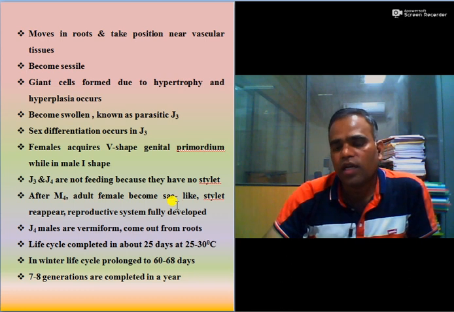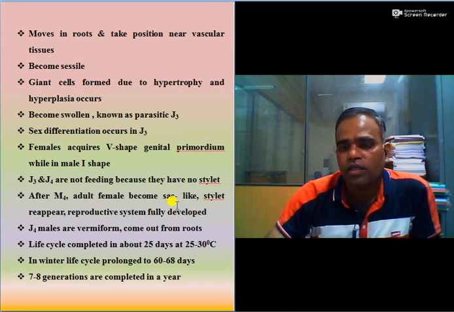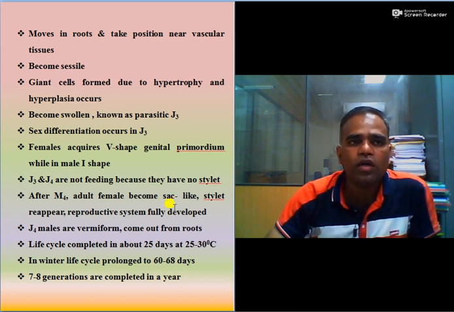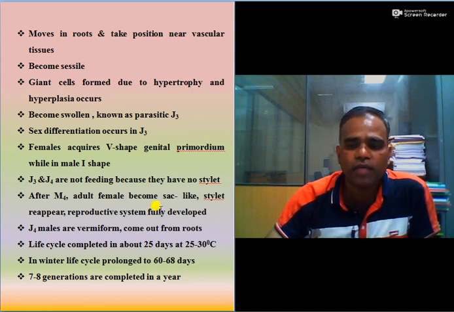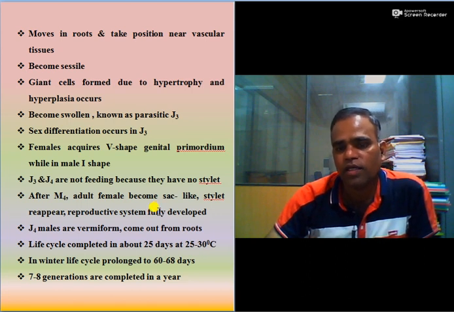So in general, sexual dimorphism occurs in nematode species. Males are vermiform, but in females there is variation in shape and size. They may be kidney shaped, pear shaped, globular shaped, cyst shaped.